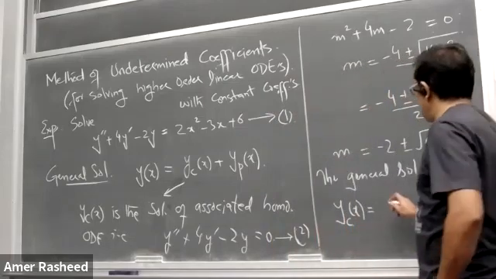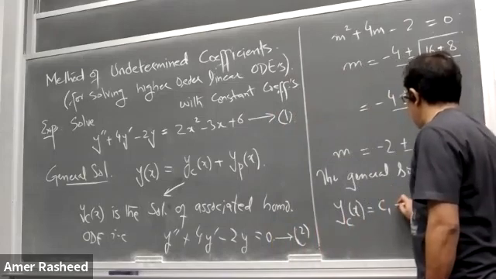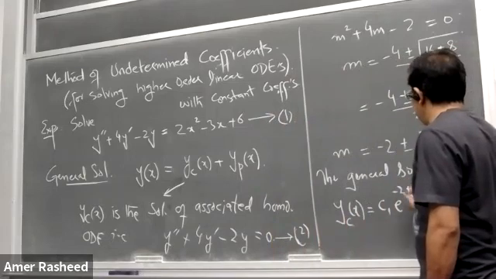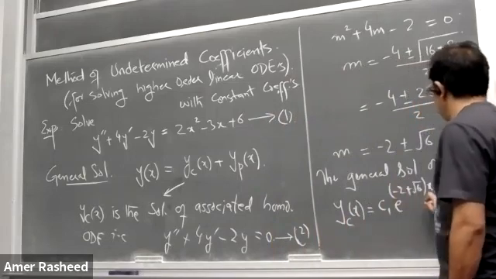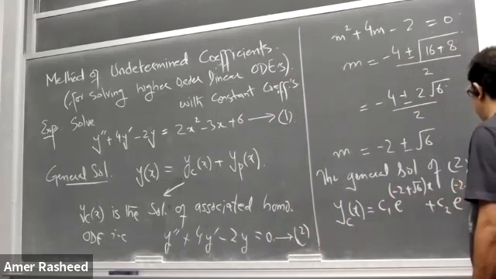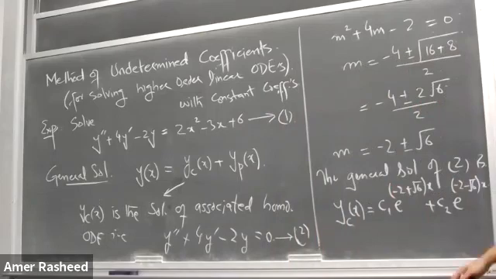It is a constant c1 times e raised to the power (-2 plus √6) times x, plus another constant c2 times exponential of (-2 minus √6) times x. So this is your complementary solution.